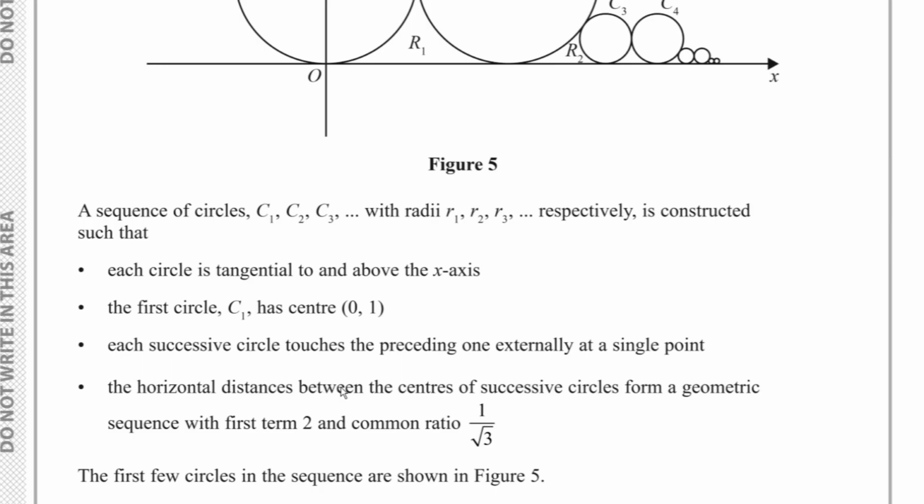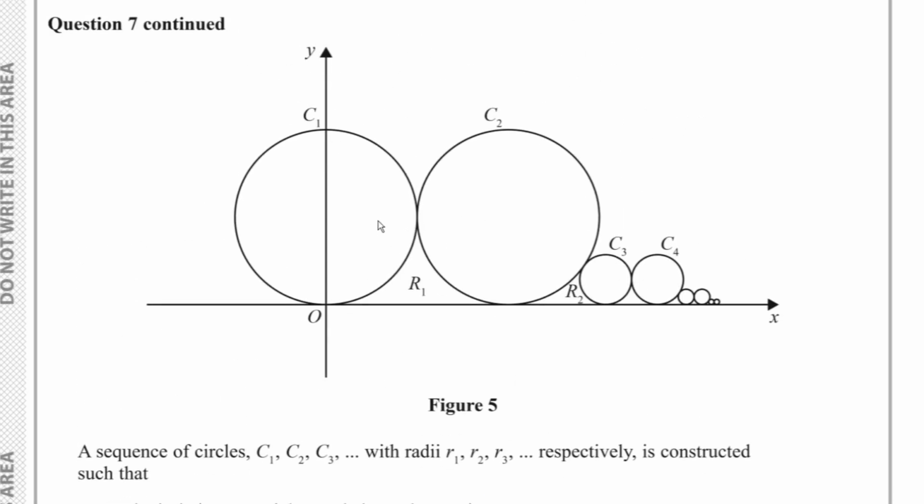The horizontal distances between the centres of two successive circles form a geometric sequence with first term 2 and common ratio 1/√3. The first few circles in the sequence are shown in figure 5. So that's what we see here. We've got two circles, then the next two circles, and then the next two circles, and then the two circles after that.